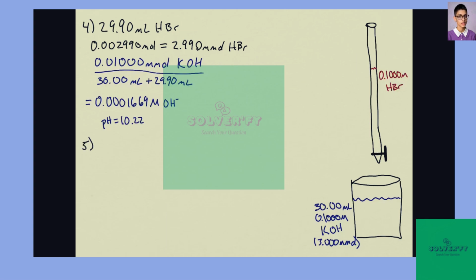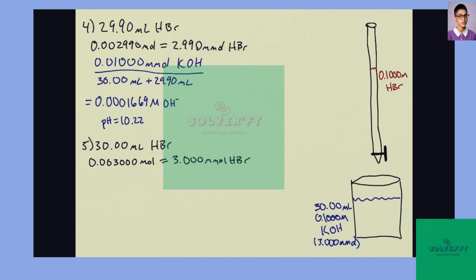Now, once we've added a total of 30 milliliters of the HBr, we have an equal amount of moles of HBr to moles of KOH. These will completely react with each other and completely neutralize each other, and we'll end up with a completely neutral solution.